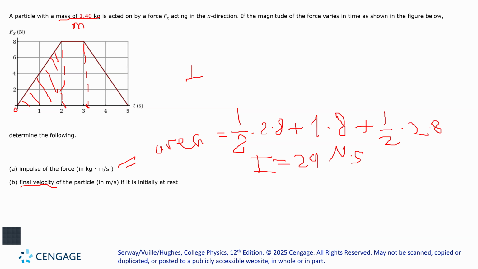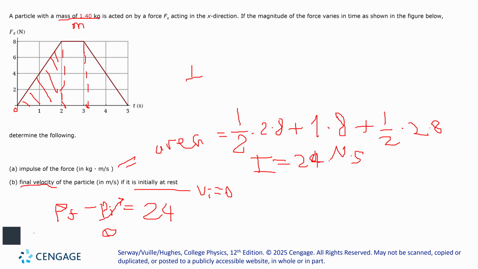To find the final velocity, we recall that P final minus P initial is the impulse, which we just found, which is 24. But what is the initial momentum? The particle is initially at rest, so the initial velocity is 0. That means the initial momentum is 0. And how do we write P final?